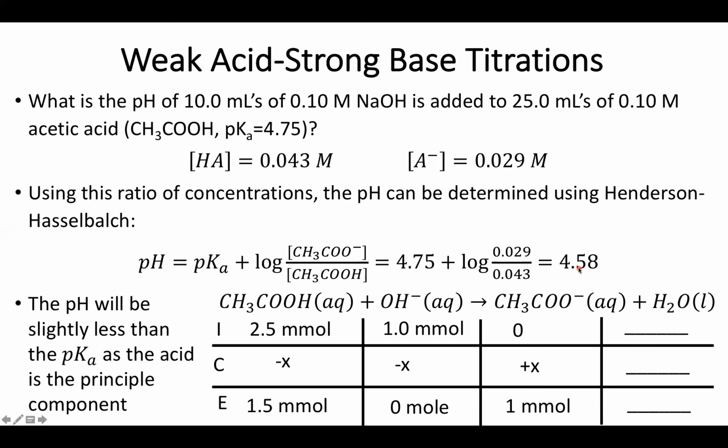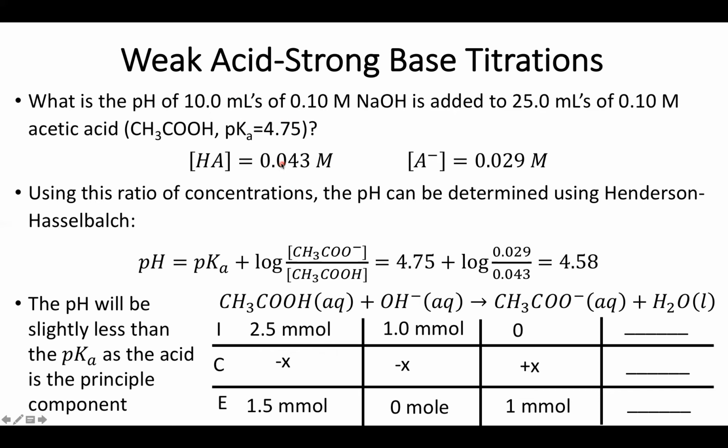It is worth noting that our pH is going to be slightly less than the pKa of the acid, as the acid is the principal component. If we have added slightly more than half the number of moles of sodium hydroxide, we'd expect it to be slightly more basic than the pKa.